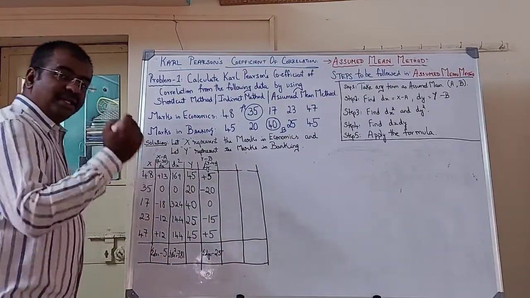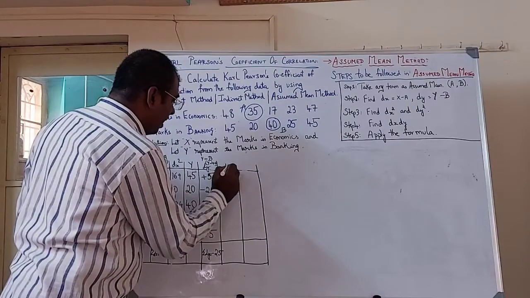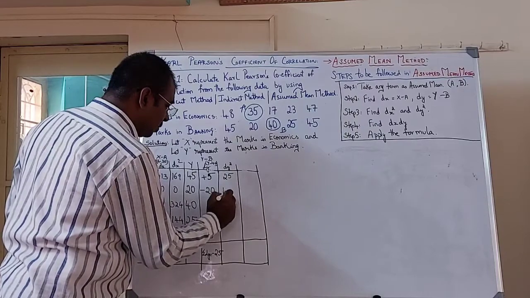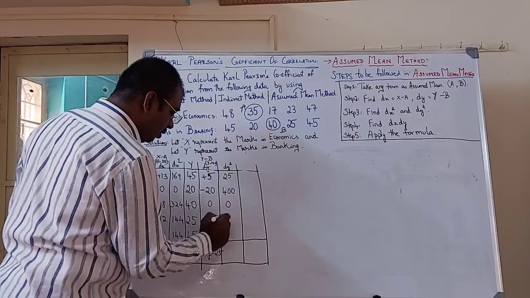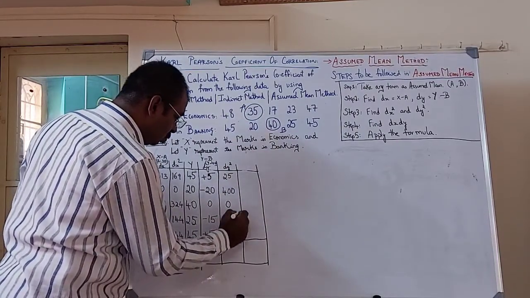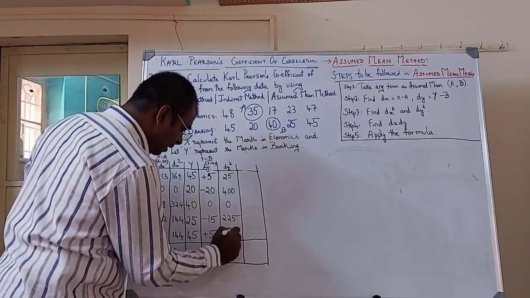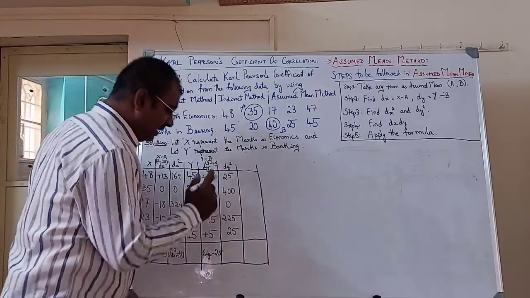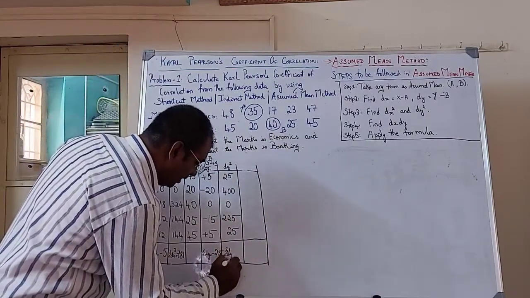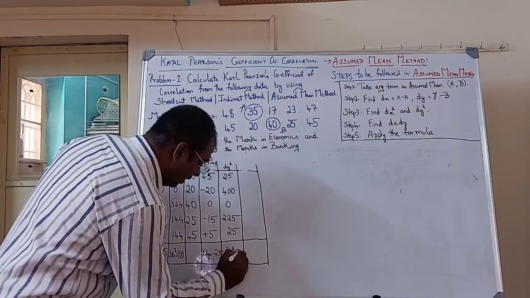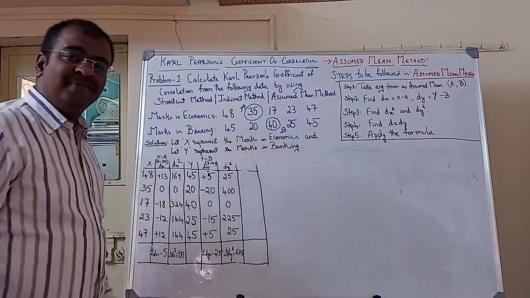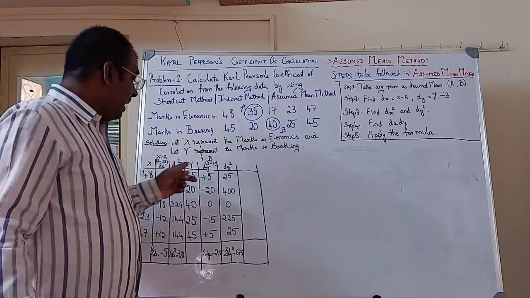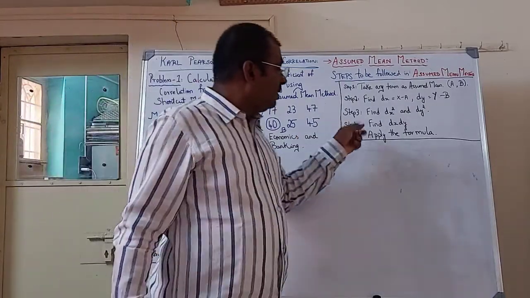Similarly, let us calculate dy square. 5 squares are 25, 20 squares 400, 0, 15 squares 225, 5 squares are 25. So 400 plus 225, 625, 650, 675. Sigma dy square is equal to 675.